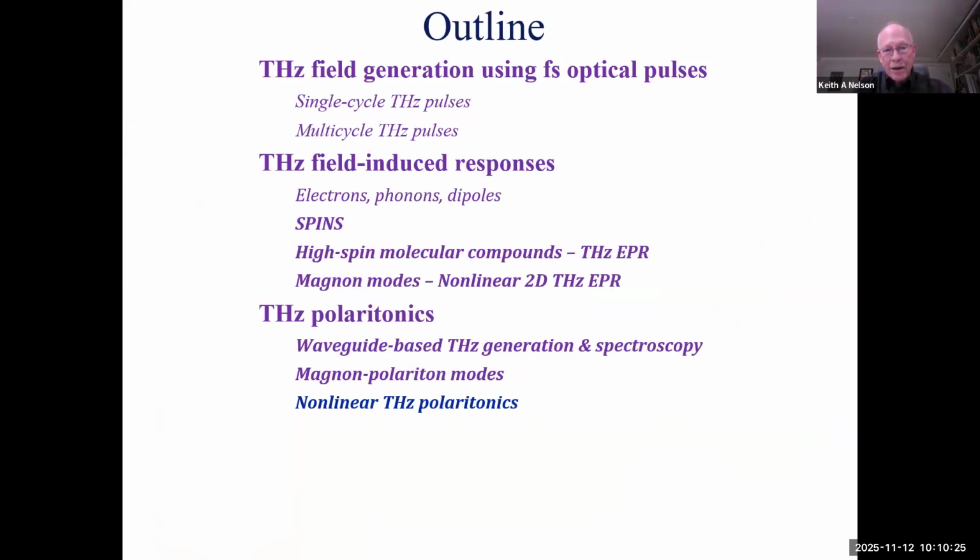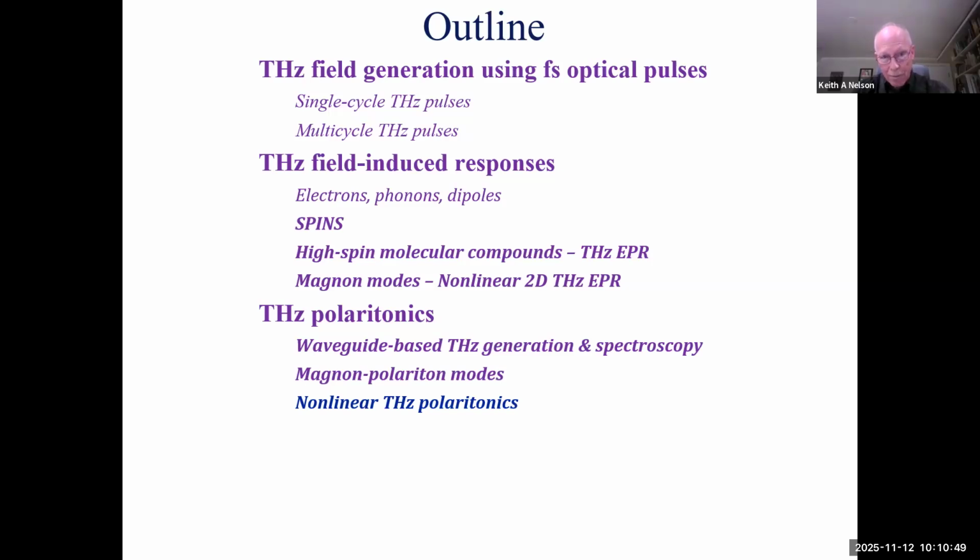So I'll start by discussing how we generate our terahertz fields using femtosecond optical pulses. This might be familiar to some of you, but this is a key part of how the terahertz EPR that we're doing works. In particular, what that will lead to is a variation where there's no free space terahertz field propagation at all.